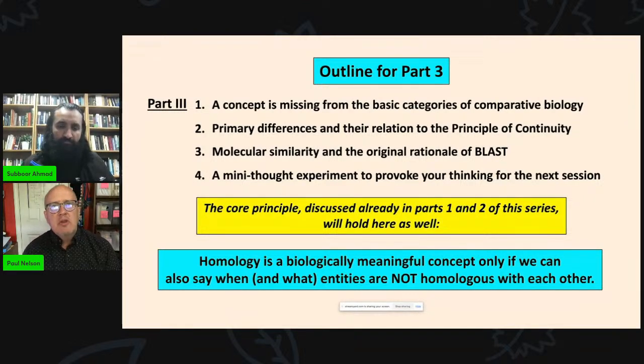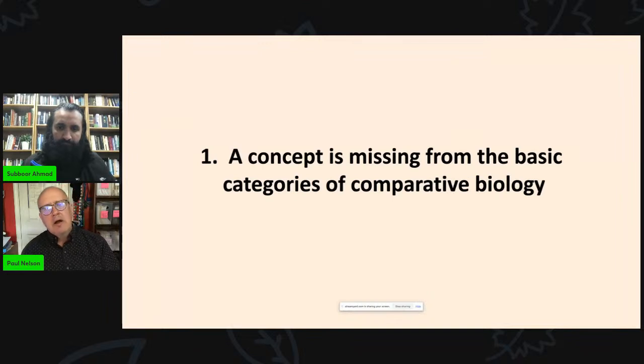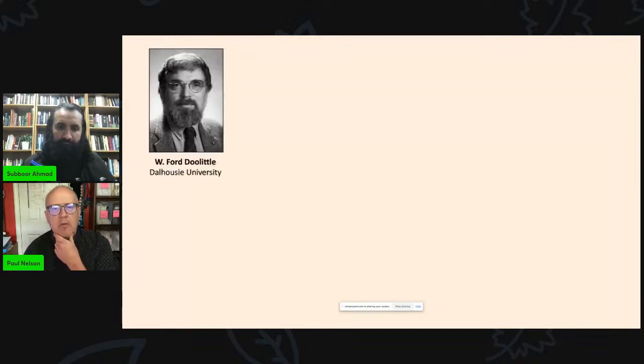In other words, in order for this concept to have testable content and not to swallow up the whole of comparative biology, we need to be able to distinguish homology from what it is not. And you can see that when we look at this problem of the missing concept.